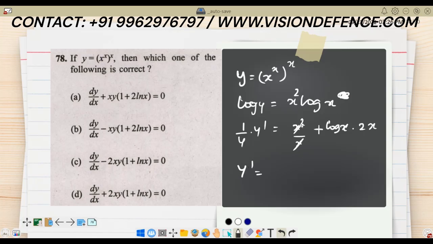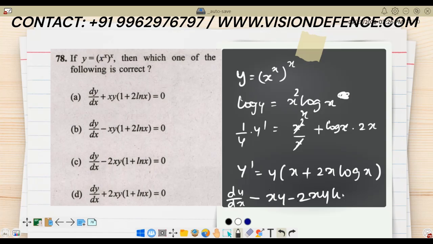Next, y dash is equal to y into x plus 2x log x. Right, so bringing everything to the left side, dy by dx minus xy minus 2xy log x.